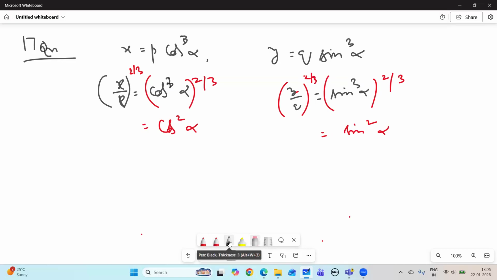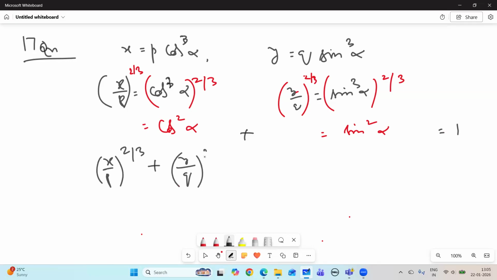Okay, cos square plus sine square. So it is 1. Actually what you are adding is x by p whole power 2/3 plus y by q whole power 2/3. We're adding this one and this one. Okay, so it is cos square alpha plus sine square alpha is equal to 1. Right? So this is the answer.